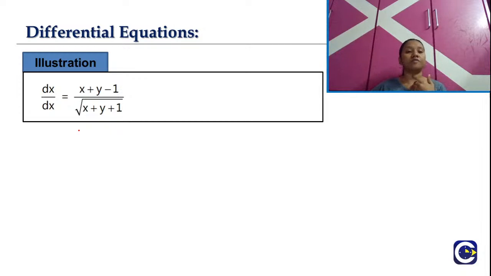It is also in the format of the expression. The function is in the format of ax plus by plus c. So try to identify what will be the first step to begin the question.